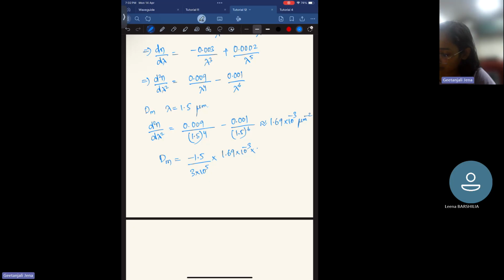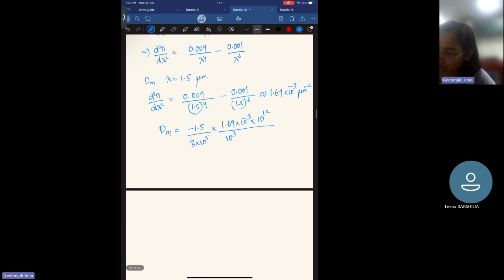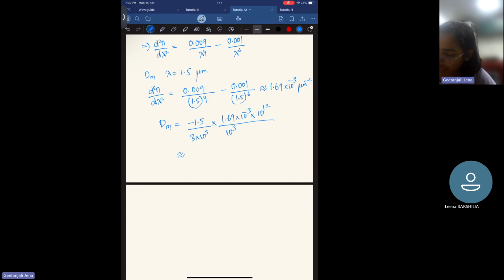Okay, we can convert it to picosecond, just to get Dm in terms of picosecond per kilometer nanometer. So this will give minus 8.45 picosecond per kilometer per nanometer. Okay, so we have found the value for Dm now.